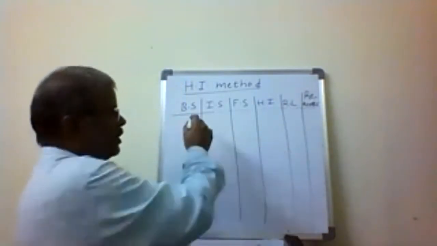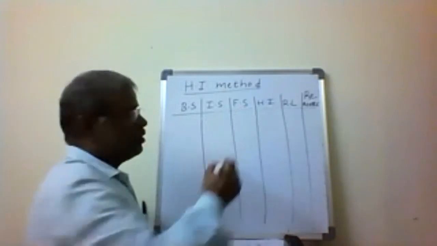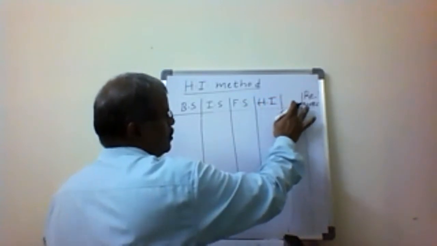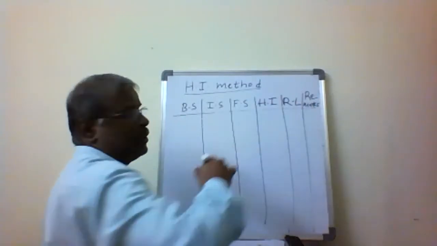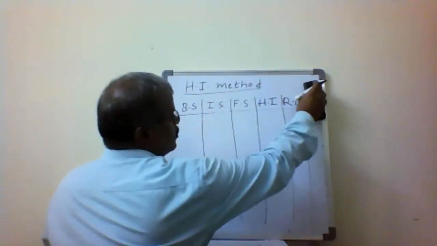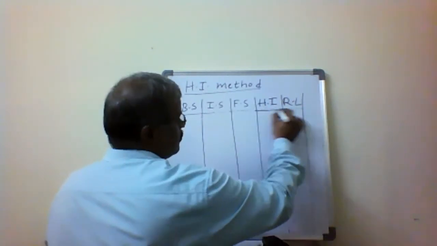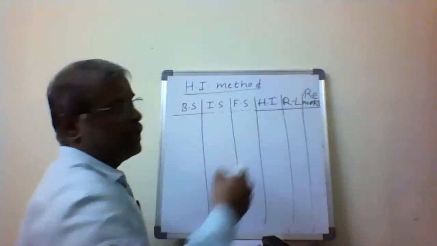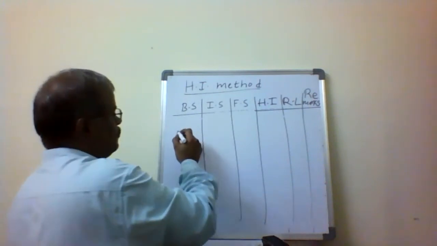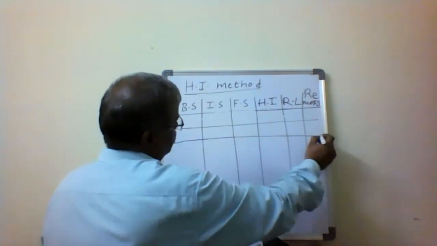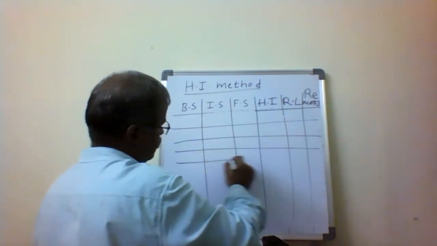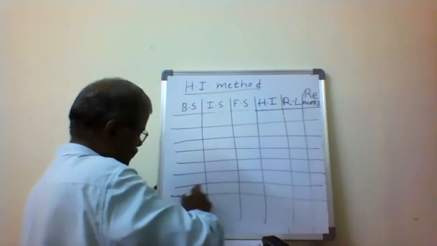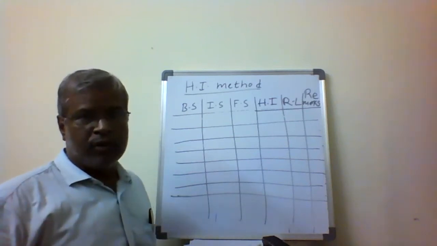The columns are remarks, backside, intermediate side, foresight reading, height of the instrument, then the reduced level, and the last column is remarks. This is the format of the level field book.